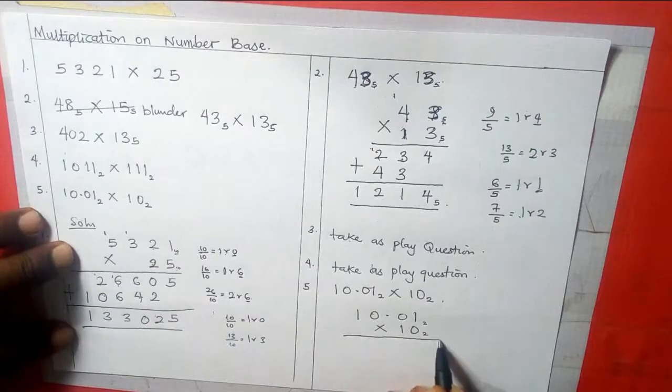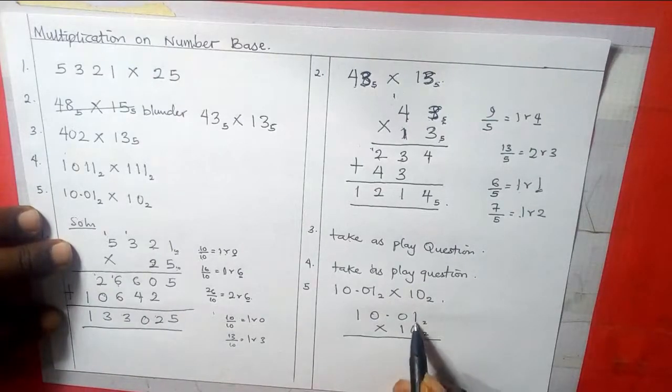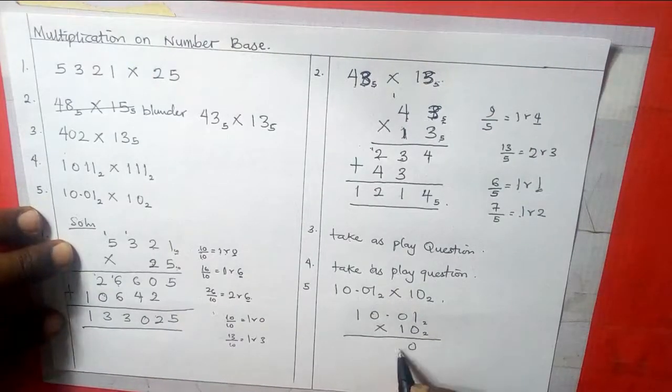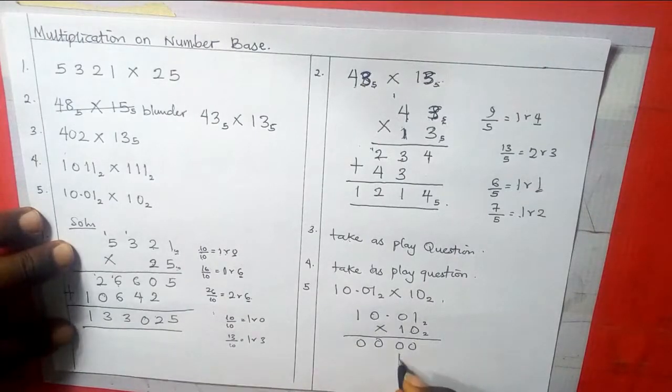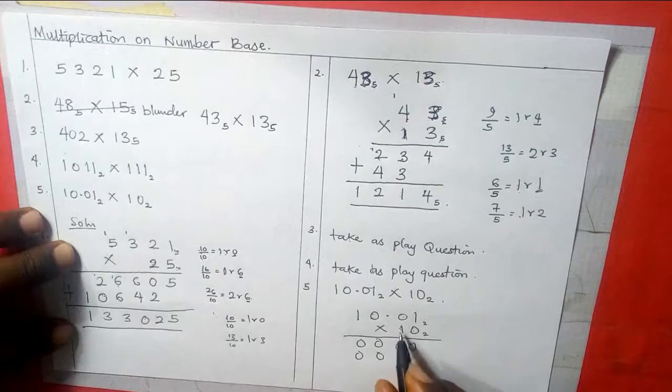I still solve it using the same approach we used. So 0 times this is 0, 0 times this is 0, 0 times this is 0. Then 1 times this is 1. I will indent it by 1. So 1 times 0 is 0, 1 times 0, 1 times 1, 1.